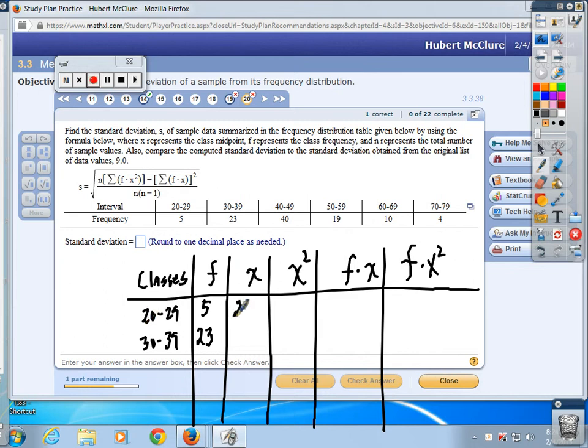So 24.5, what's the class width? 10, so add 10 to this, and the next one will be what? 34.5. And then the rest of them we'll do on the spreadsheet. Okay? So that's how you'd start the problem off.